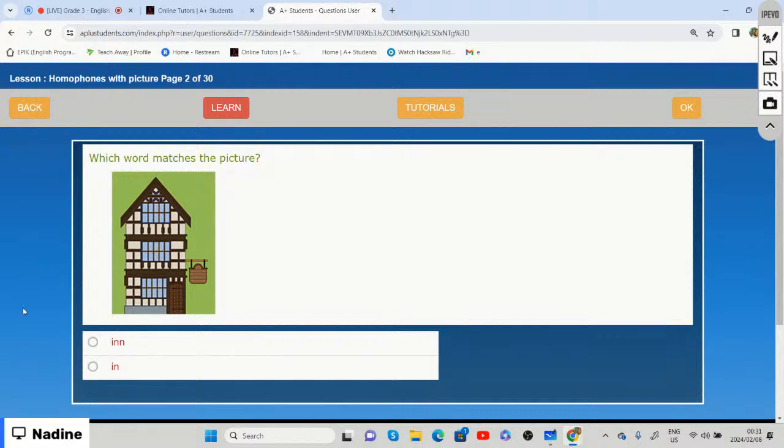Which in is it? So in, which in are we talking about?